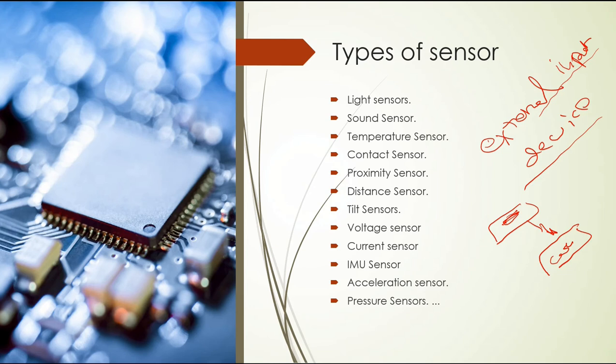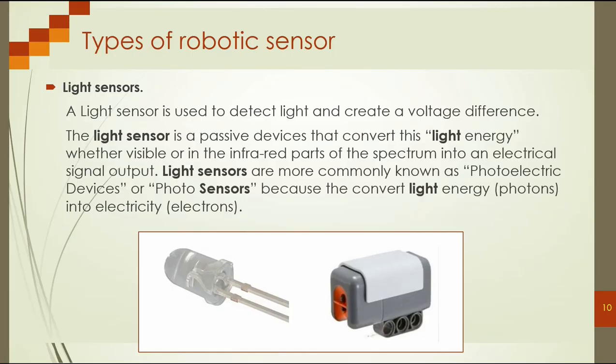So here, these are the types of sensors. Just quickly, we see some of them. For example, here are the light sensors.